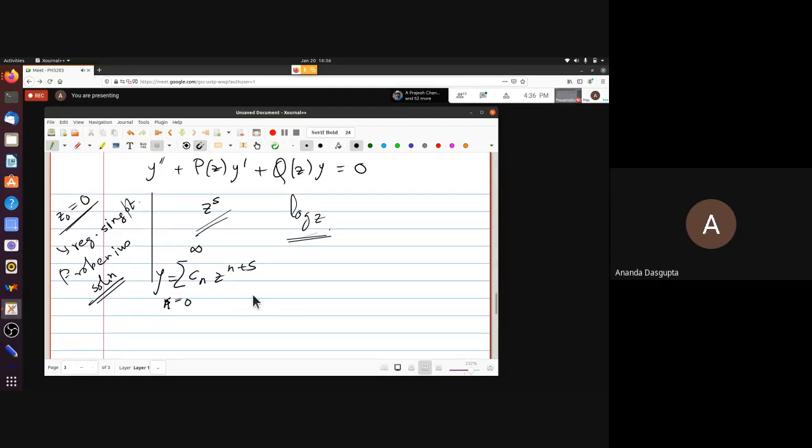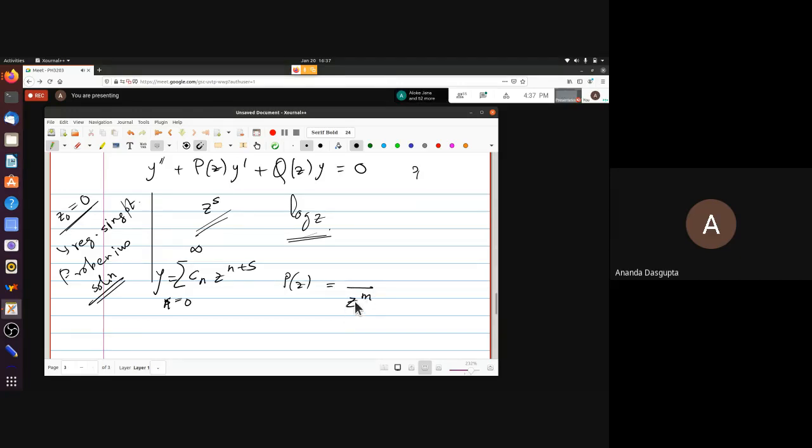Okay, but before we fold this up, let me just tell you why it is that P of z is not worse than 1 by z and Q of z is not worse than 1 by z square. Where does that come from? So let's just assume that P of z has a pole of order, let's say m.